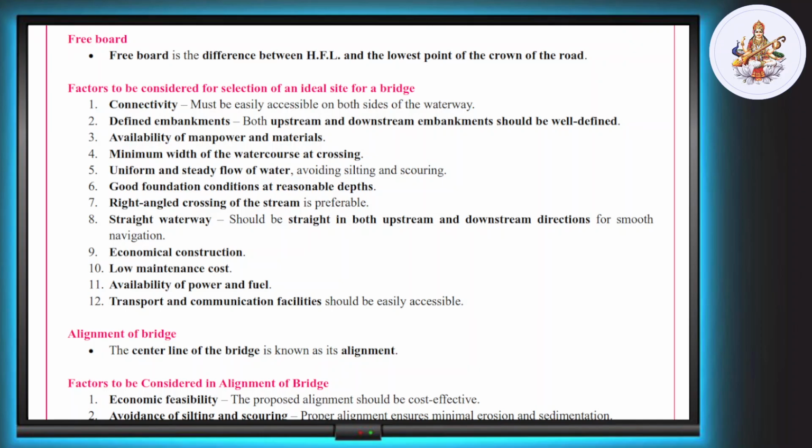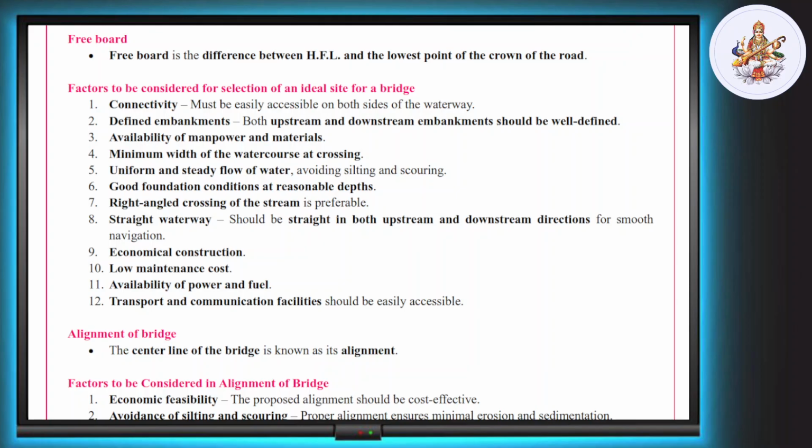Good foundation soil. 7. Right angle crossing of the river. 8. Straight stream on both sides. 9. Economical construction. 10. Low maintenance cost. 11. Availability of power. 12. Transport and communication should be easily accessible.